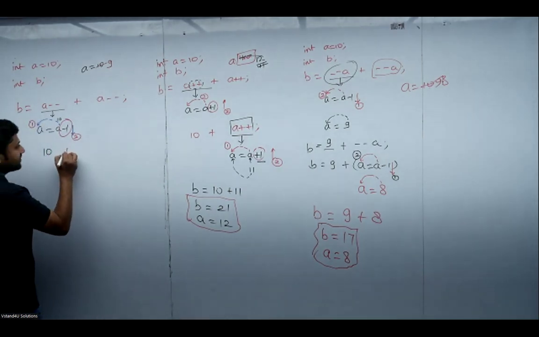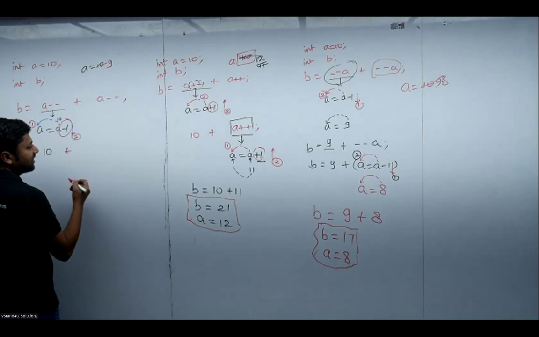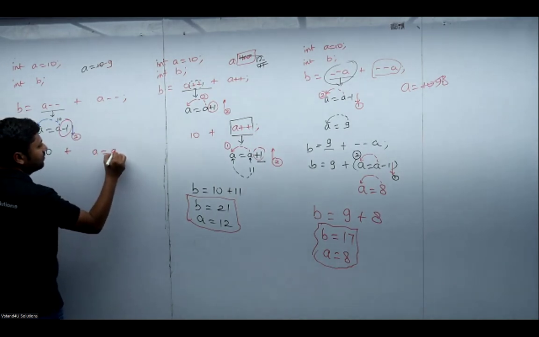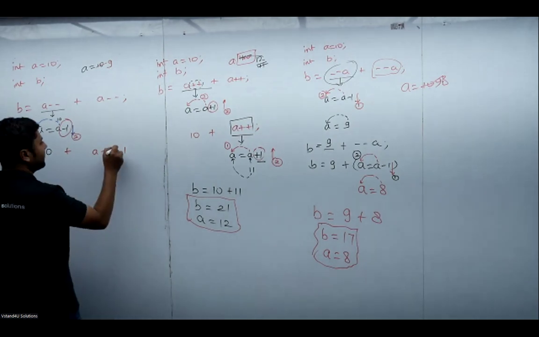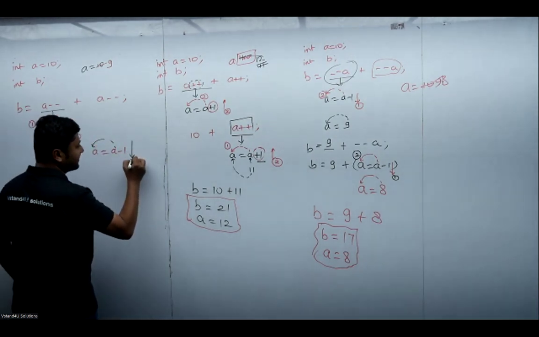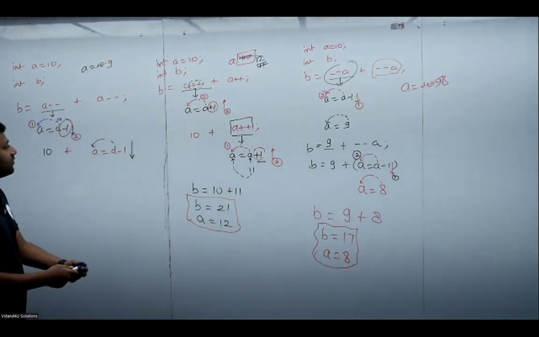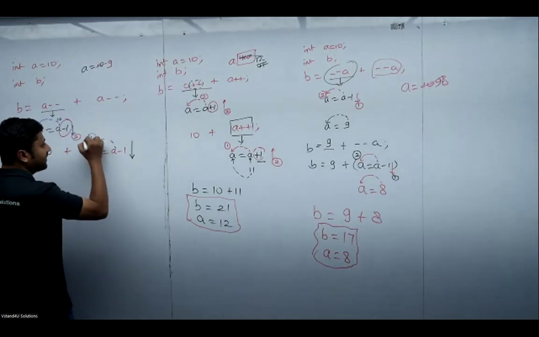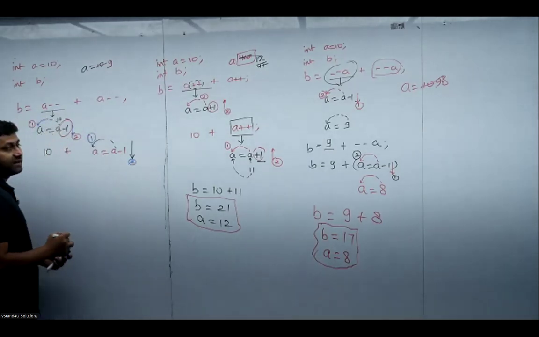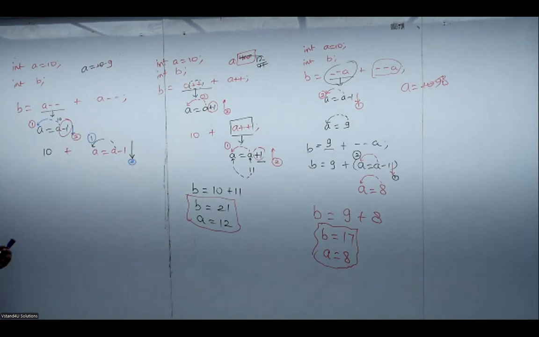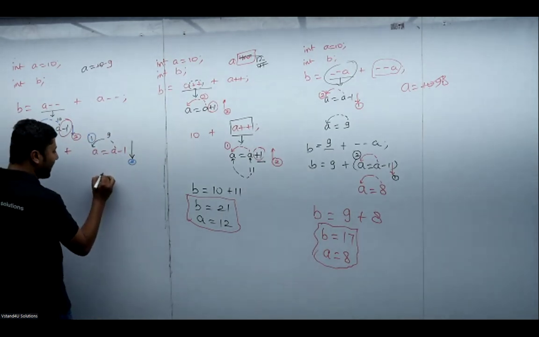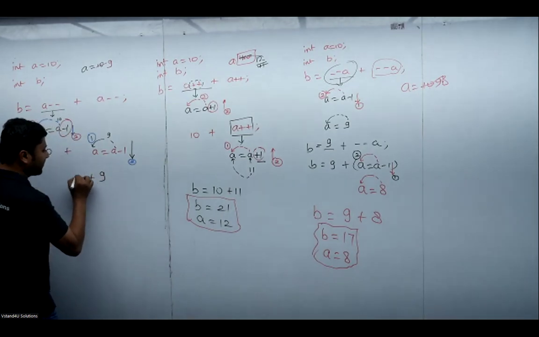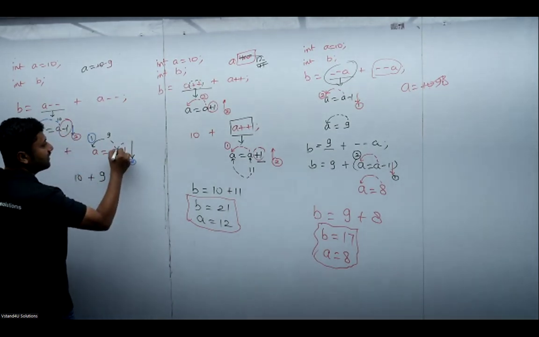Then comes plus a--. What is a--? a equal to a minus 1. Again, how many operations are there? One says assign, another says decrement. Which one should I do first? First I'll do assignment, then decrementation. What is the current value? That is 9. So 9 is being assigned. I will consider 9 for the rest of the equation, but I didn't decrement yet.